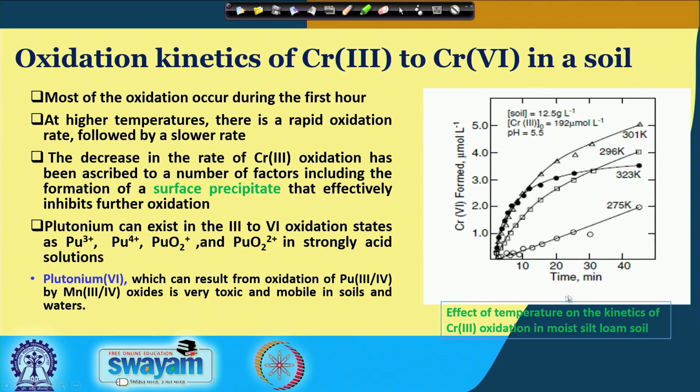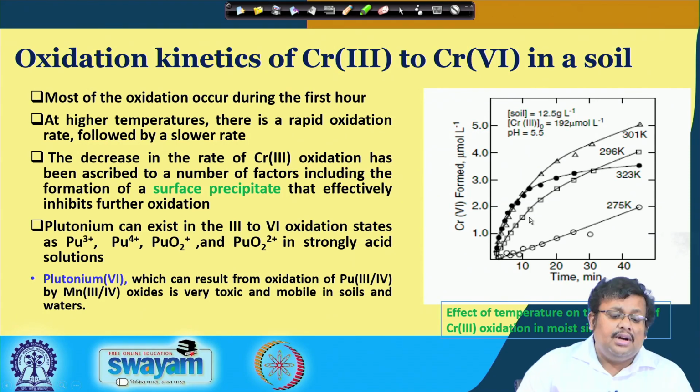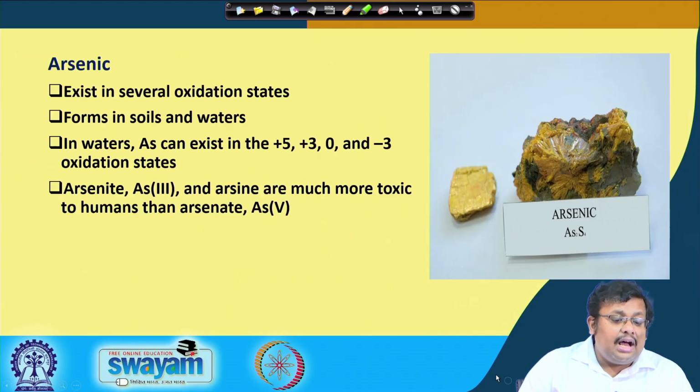Here, if we plot time against oxidized chromium formation, obviously as the temperature increases, we can see rapid oxidation. Okay. So, these are different types of oxidation mediated by inorganic manganese.